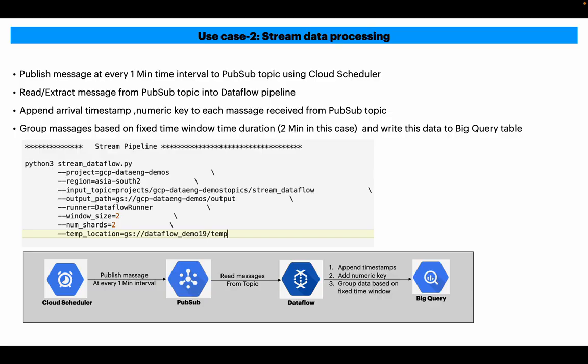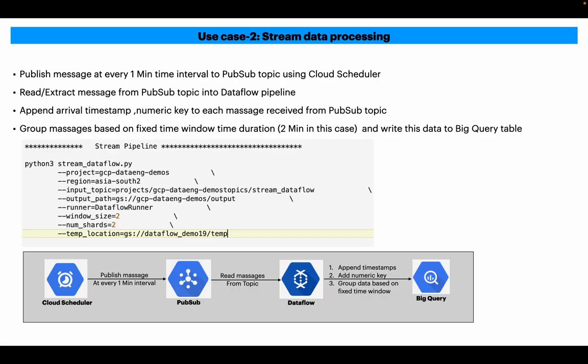To mimic streaming data, I'm going to use Cloud Scheduler in this use case. Cloud Scheduler, as already explained, is a fully managed cron app. We will schedule a job which will send a message at every 1 minute interval. That's what I'm trying to do.